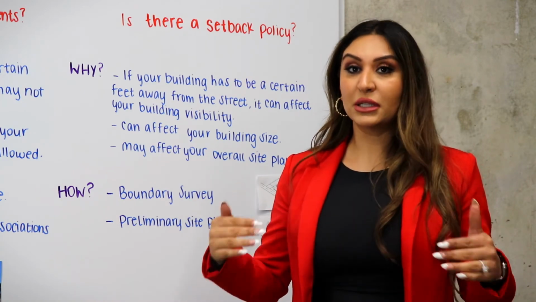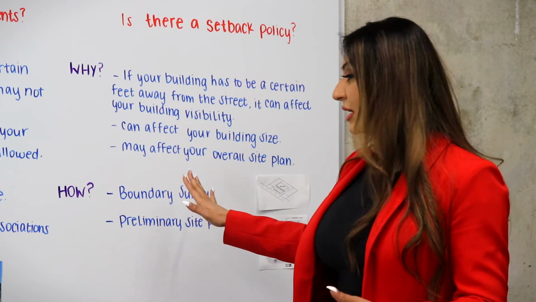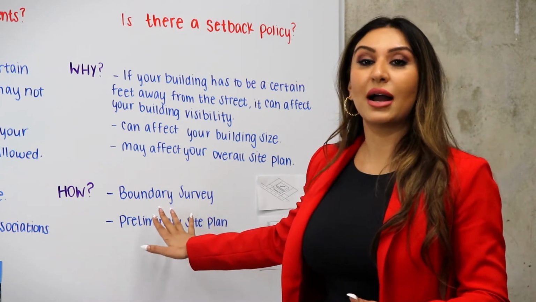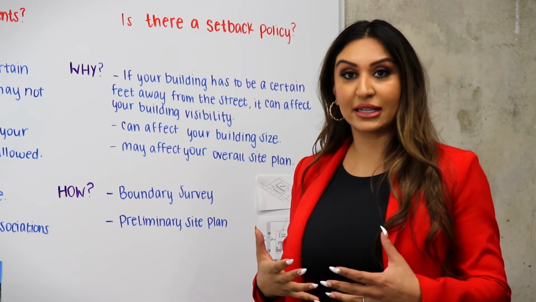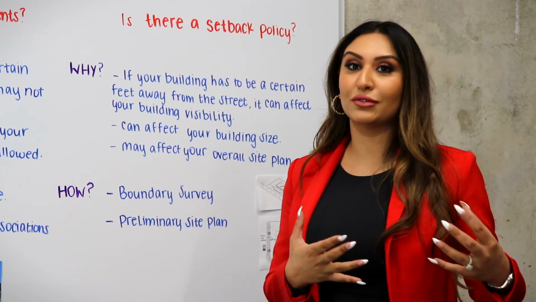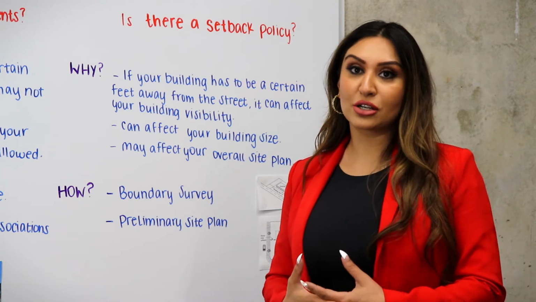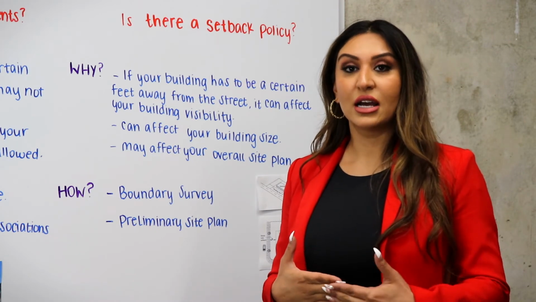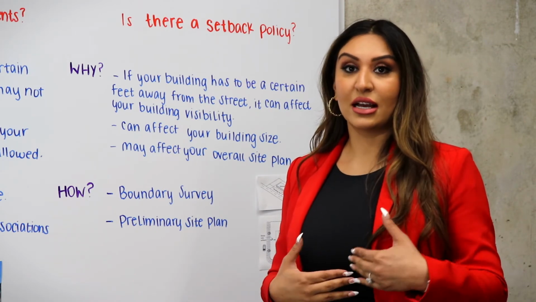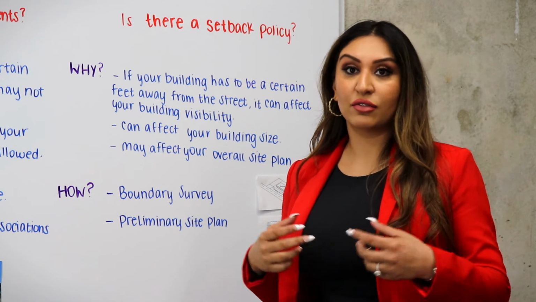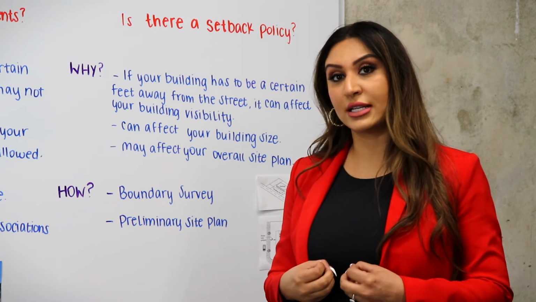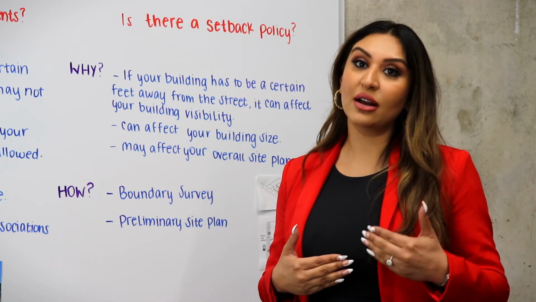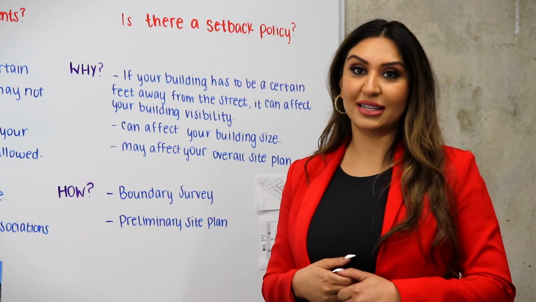Of course, the building line setbacks can easily be determined by a boundary survey, but the landscaping setbacks and things like that, which are driven by the city, you actually have to visit the city guidelines and look at the city website for their landscaping requirements to make sure that if there are setbacks, you know how that would affect your development.